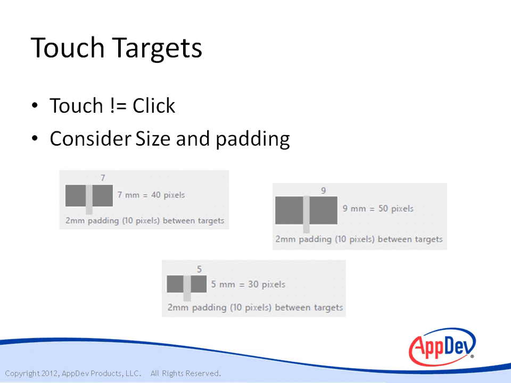Make sure that if you do have to go smaller than 9 millimeters, it's really important that users have an easy way to get out of things. If you absolutely must have smaller than that, say there's a lot of different elements that do different things, you might consider going down just a little bit more to 30 pixels with the 2 millimeter padding.